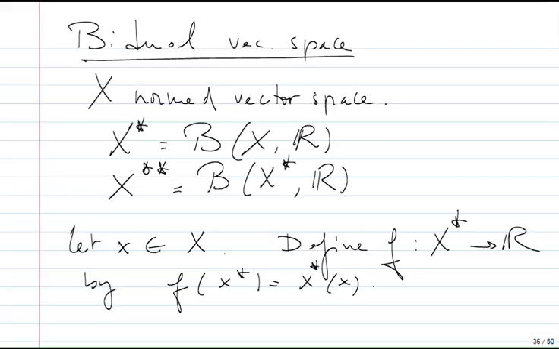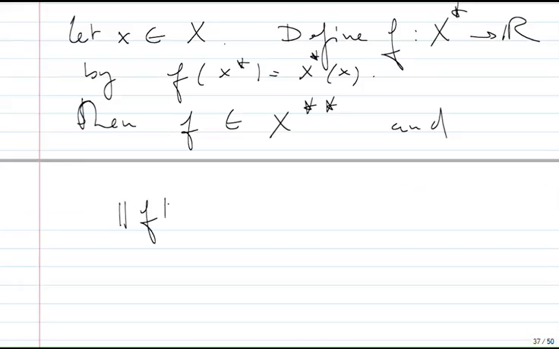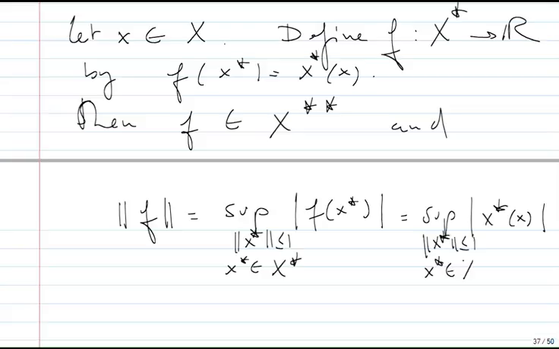Then f obviously belongs to the bidual, and the norm of f is the sup of the absolute value of f of x star, where the norm of x star is less than 1 and x star belongs to the dual space, and that is the sup of x star of x, because that's the definition of f, which is equal, from our previous knowledge, to the norm of x.